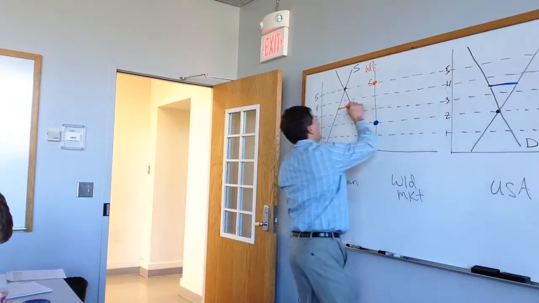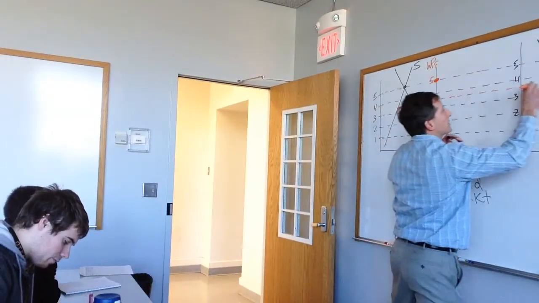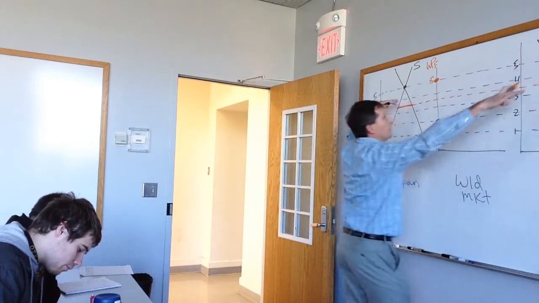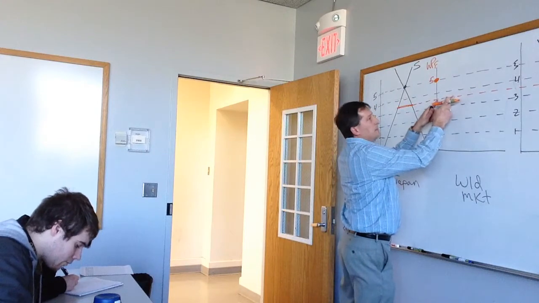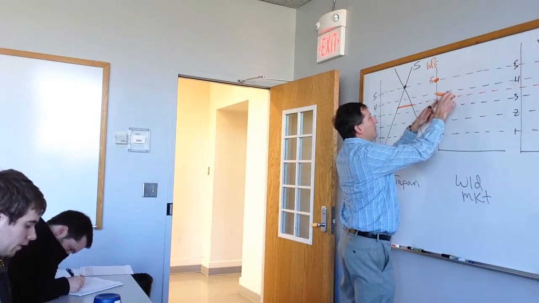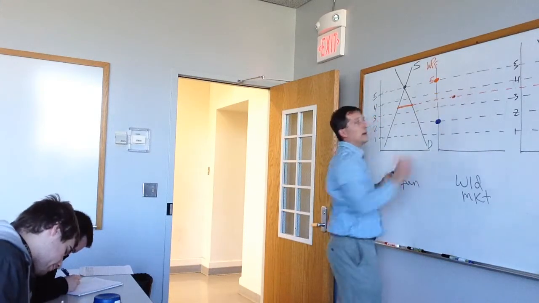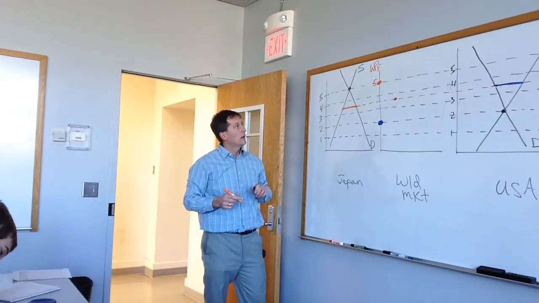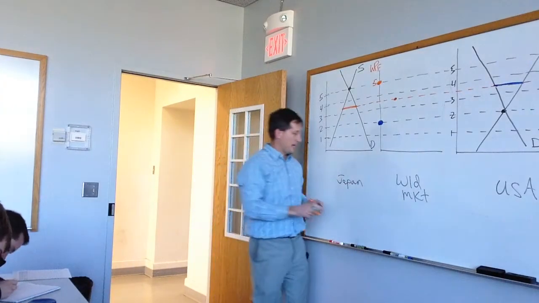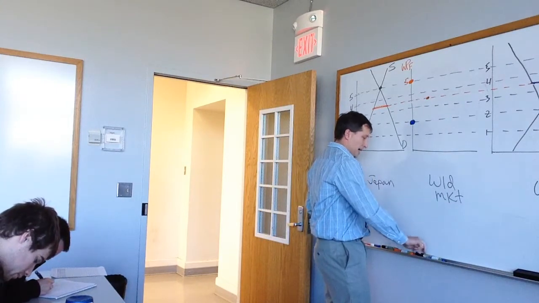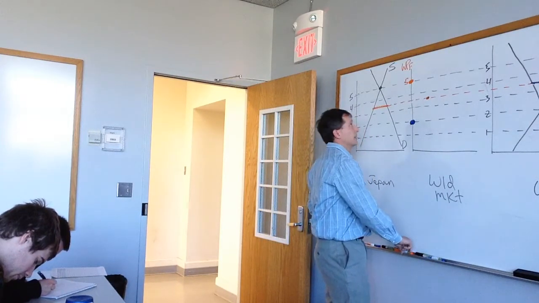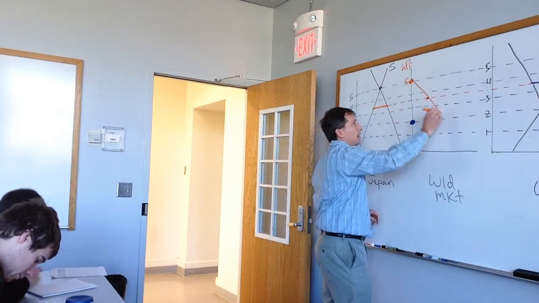Now, you can connect those two points, or those two horizontal distances, and transplant one of them, which equals the other one. And that is where the import demand and the import supply, or export supply, curves are going to intersect with each other.